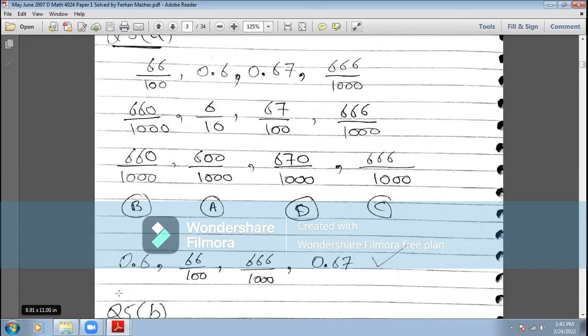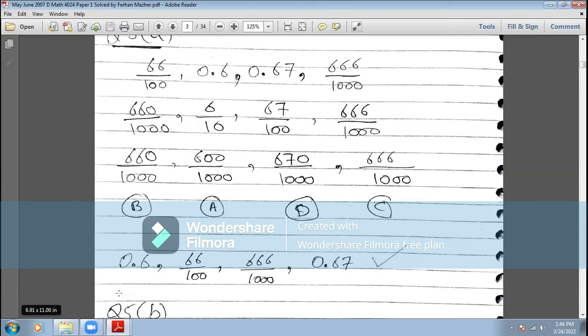The 0.6 is basically 6 by 10, 0.67 is 67 by 100, and 666 divided by 1000 is good. 6 by 10, multiply numerator and denominator both by 100, so you will have 600 divided by 1000. 67 by 100, you multiply numerator and denominator both by 10, you get 670 divided by 1000. The last one is good, 666 divided by 1000.